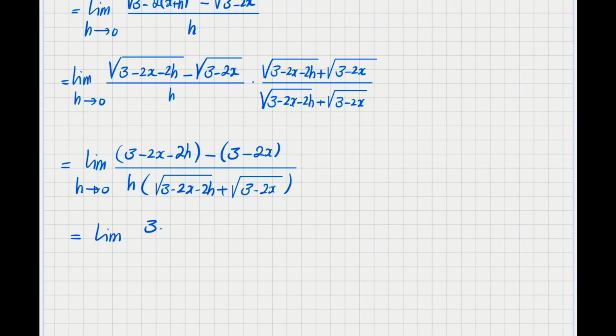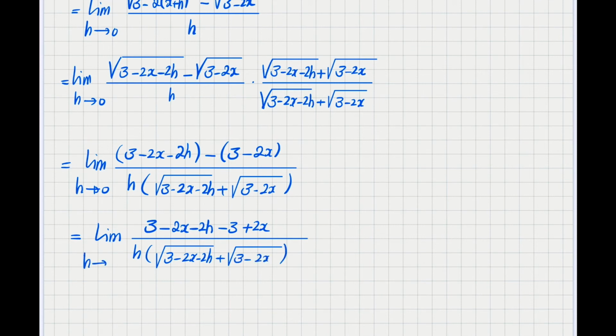The first pair of brackets I can simply remove, but for the second pair I need to be careful that this minus sign goes for 3 and minus 2x. So 3 becomes negative 3, negative 2x becomes positive 2x. And then I will just copy and paste the denominator. So this is h times the square root of 3 minus 2x minus 2h plus the square root of 3 minus 2x, and h goes to 0.